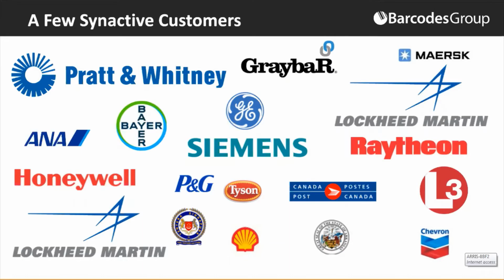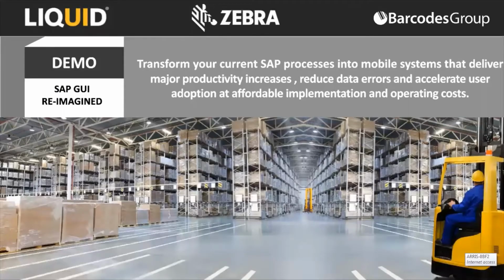So now I'm going to pass the baton over to Brian Summers, the Director of Business Technology at Graybar Electric, and he will give you a demonstration of his real-life experience running the SAP GUI on mobile devices for his SAP environment.